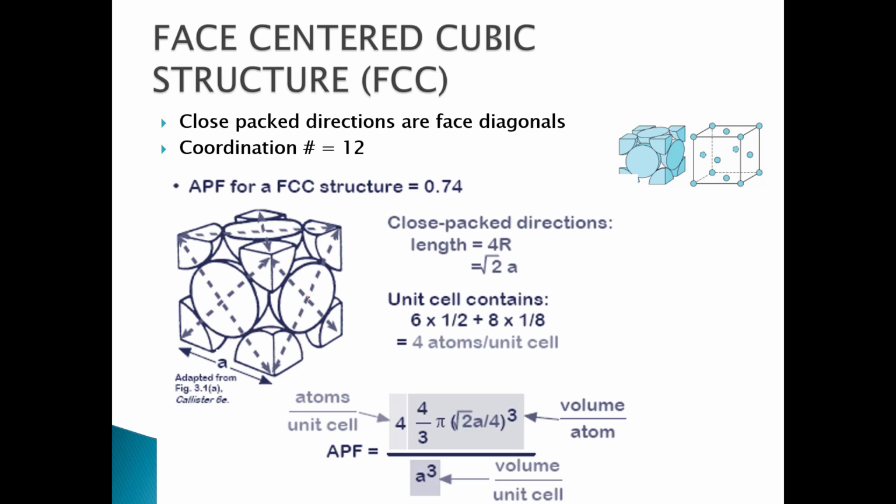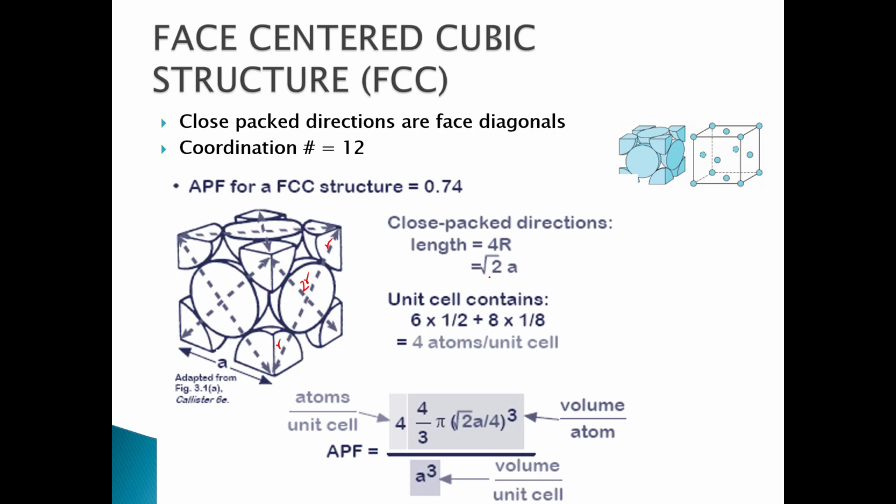Then face-centered cubic structure. Here the close packed directions are face diagonals. Coordination is 12. Here the length is 4r, that is 2r, r, r, so totally 4r.